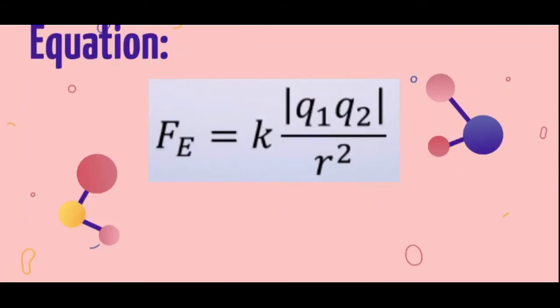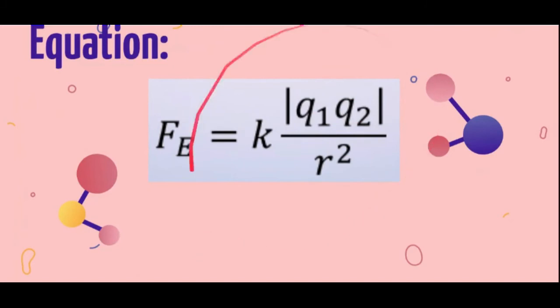Now, Coulomb's law is defined mathematically as an equation of force. We have F sub E, where F is a force, and this shows that it is the electrostatic force. It is equal to the absolute values of two charges, Q1 and Q2.